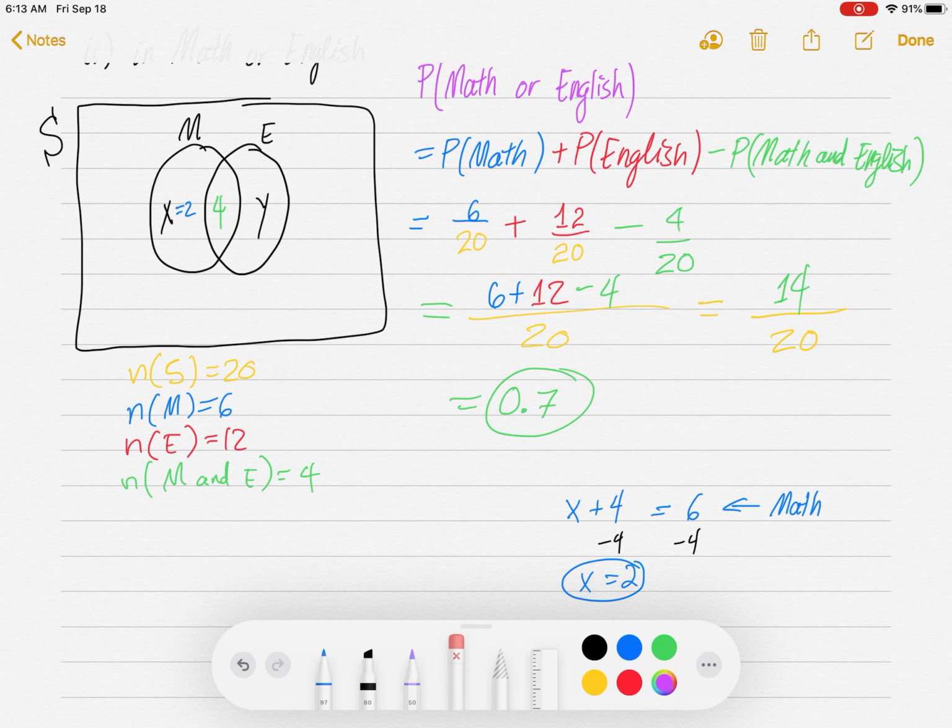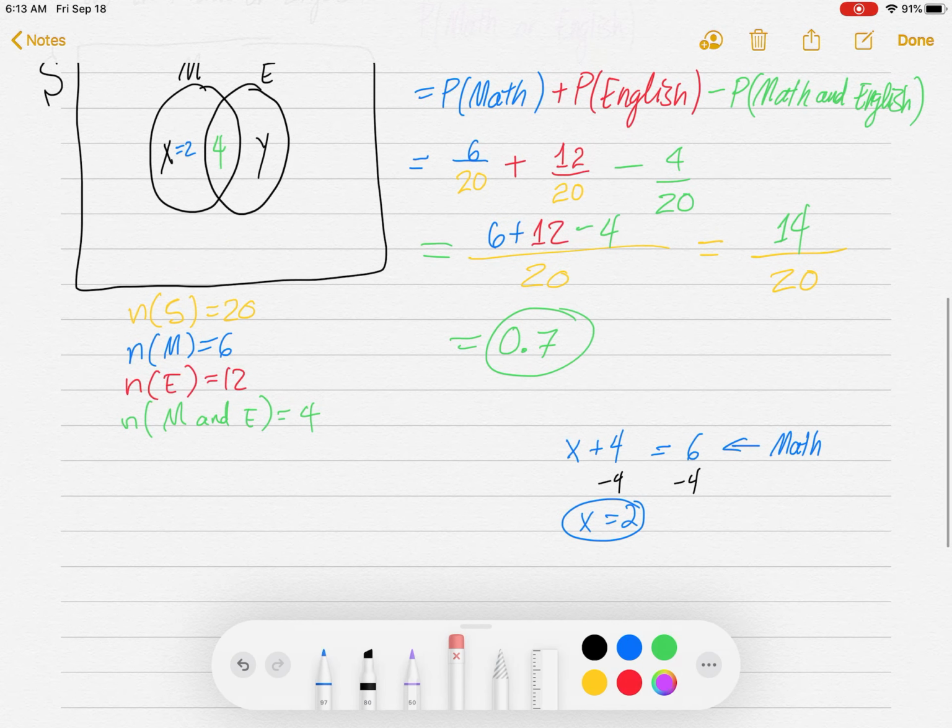Okay, then you focus on those that are English and not math. So I'll focus on English altogether. It's going to be my red. So altogether we have here the English tally up to 12.